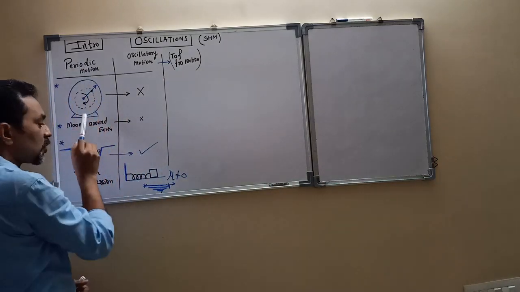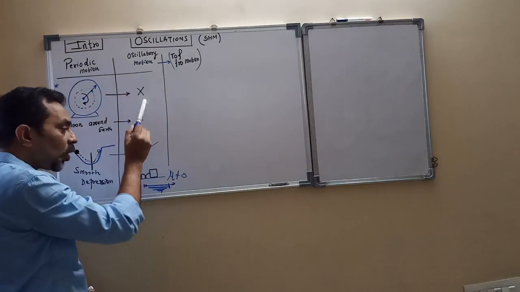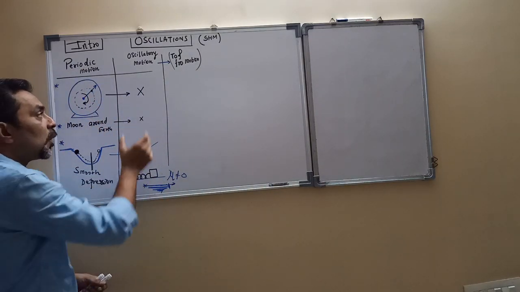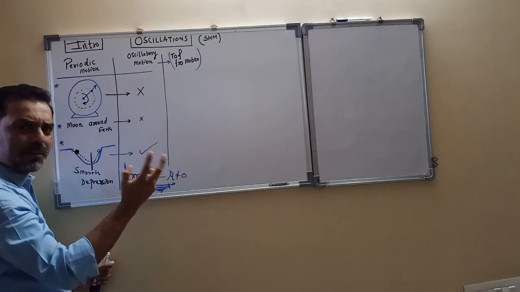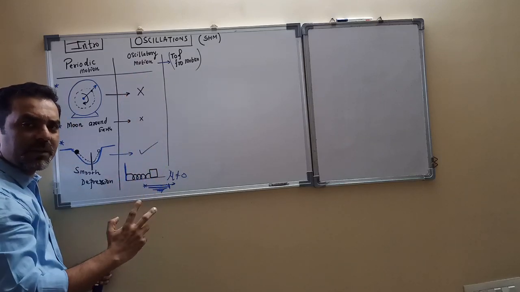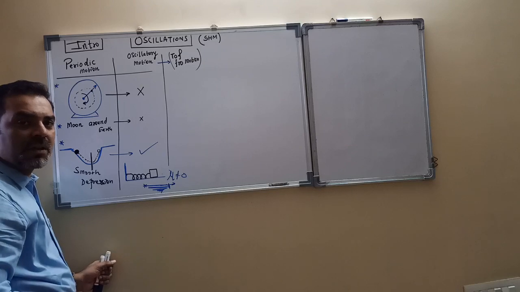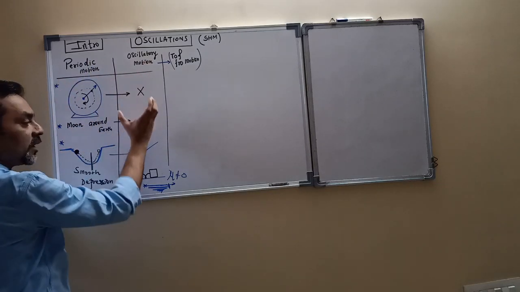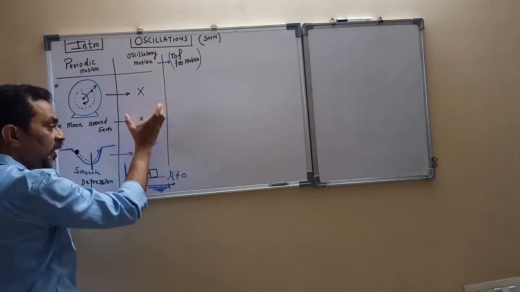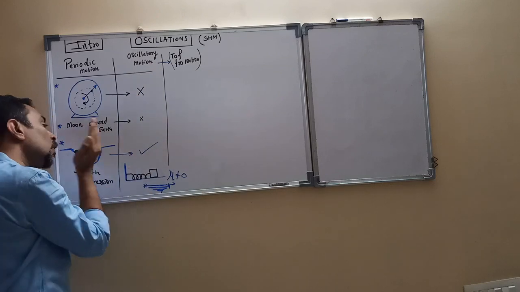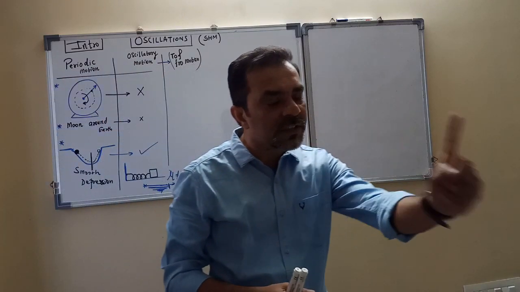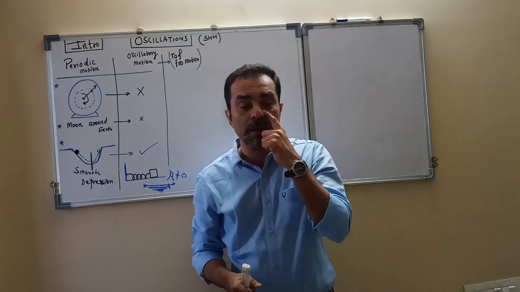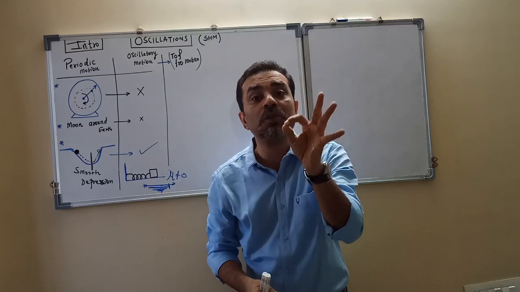All periodic motions are not oscillatory motions. But all oscillatory motions, this is a very important statement with which we are starting the introduction. All periodic motions are oscillatory motions, but all oscillatory motions need not be periodic. All oscillatory motions will be periodic provided there is no loss of energy.